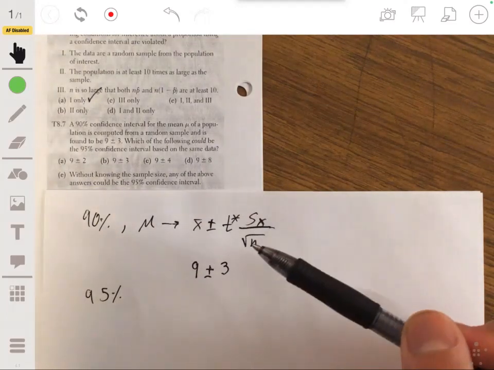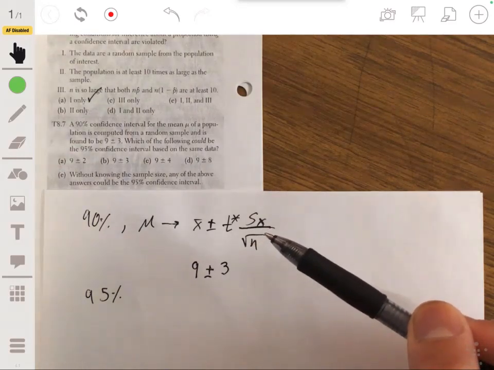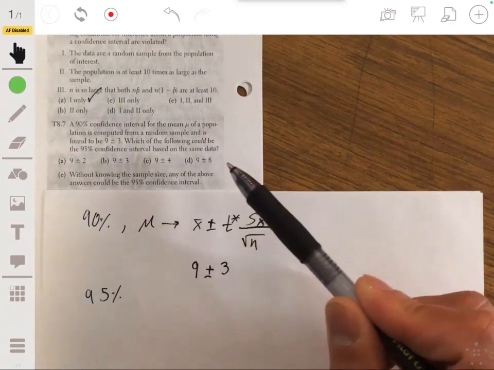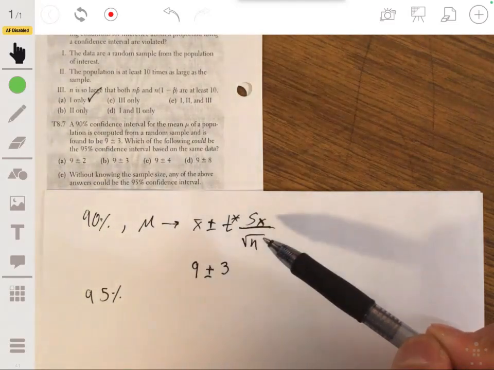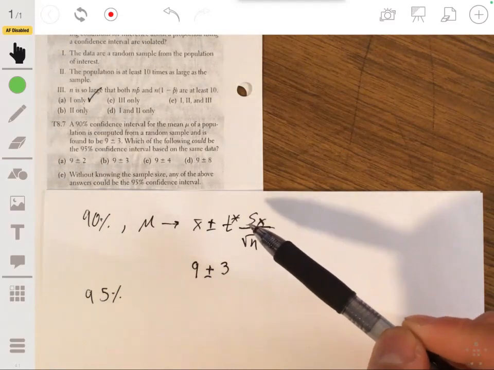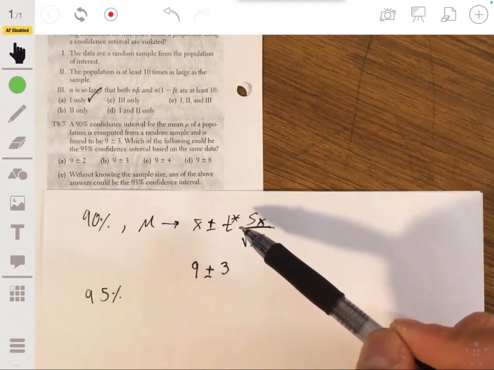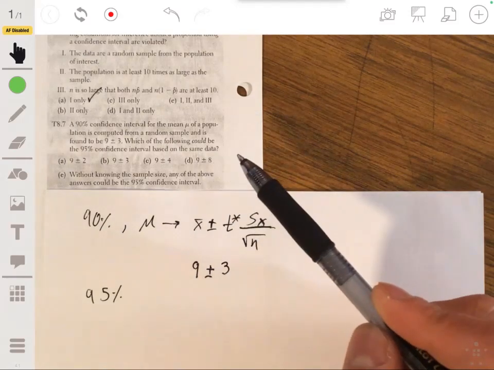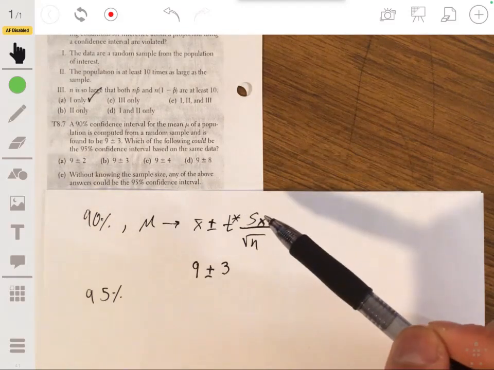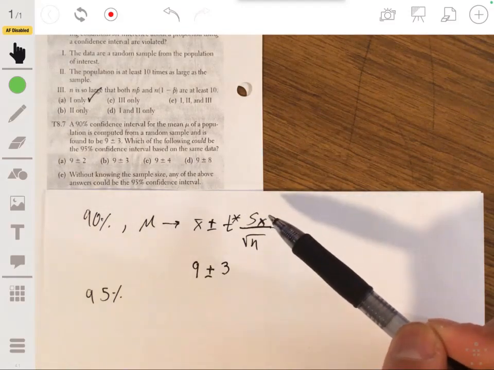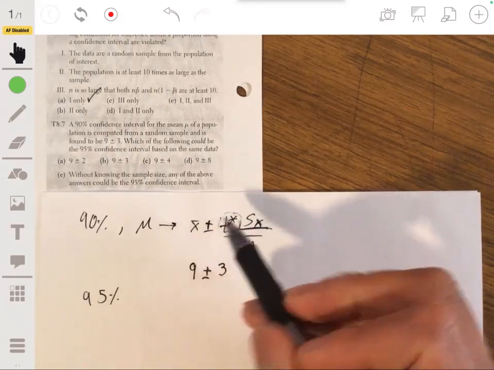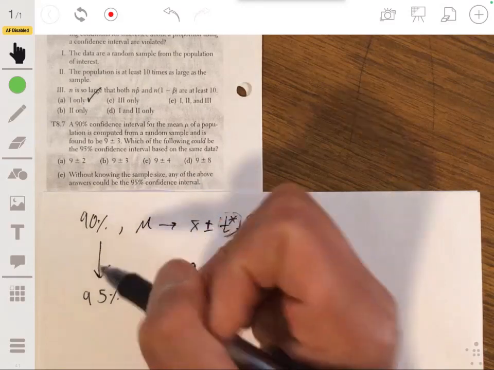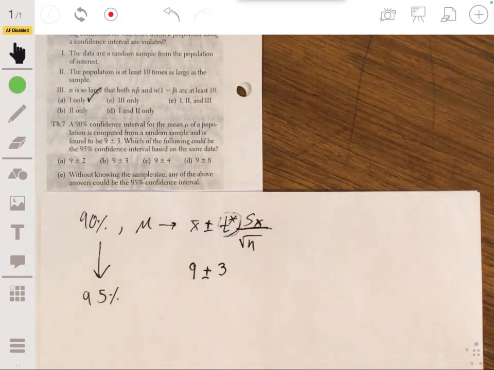It doesn't say that we're going to change the sample size. It says based on the same data, so n is not going to change. So what really is only going to change is the t star, because we're keeping the same data, so the sample standard deviation stays the same. So we have to get an idea of what would happen to the t star when we turn the 90% interval into a 95% confidence interval.